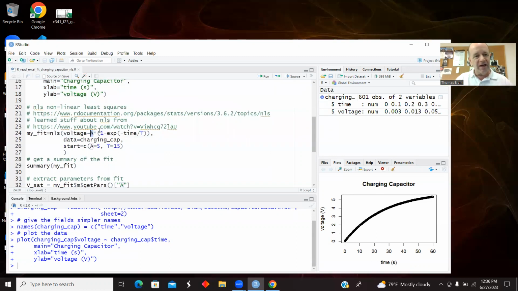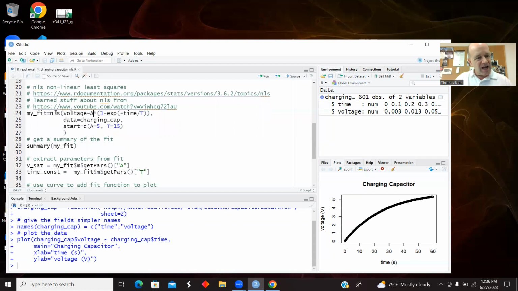I just called it A, times the quantity 1 minus an exponential of minus time divided by a time constant. So this time written out is a variable, and this t is a parameter. This time constant, for this given set of data, will be fixed, or we want to find the best one. Same thing for this A.